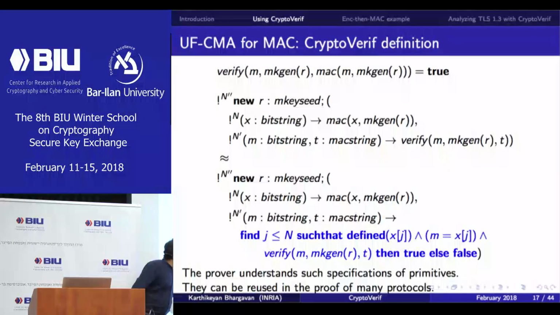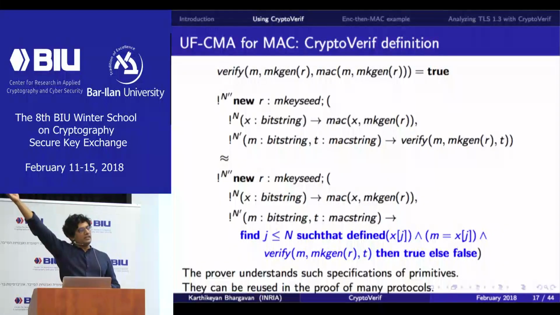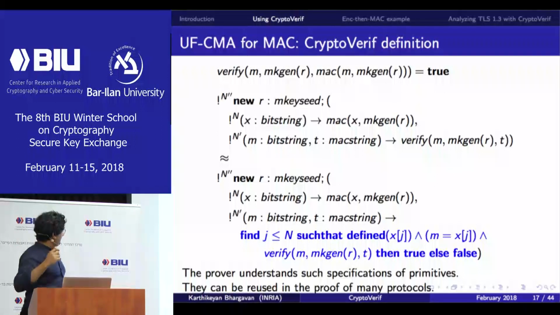But every time you see a verify, you replace it by something like this, where the verify is now going to look up the table of things that were MACked before. Okay? And it's only going to succeed if the value I'm trying to verify was MACked before. So this is the game transformation defined as an equivalence relation in CryptoVerif.